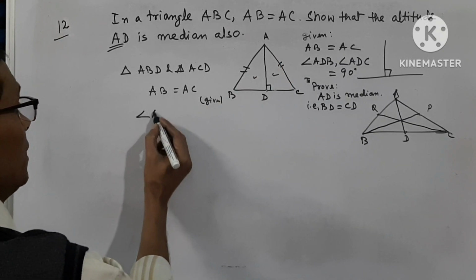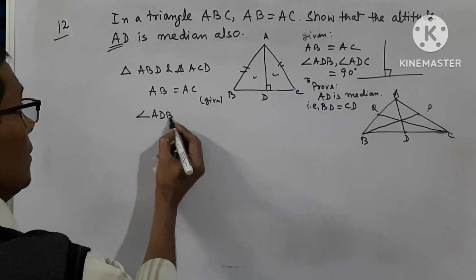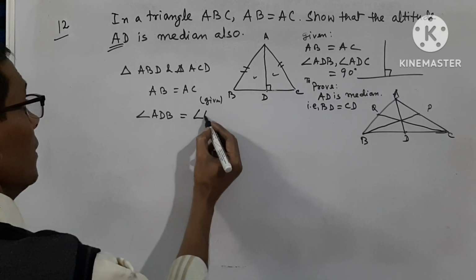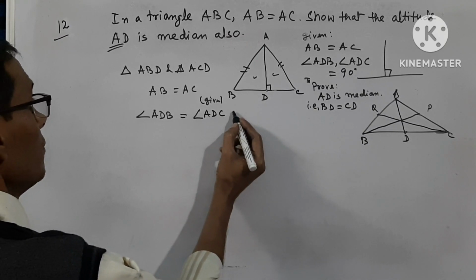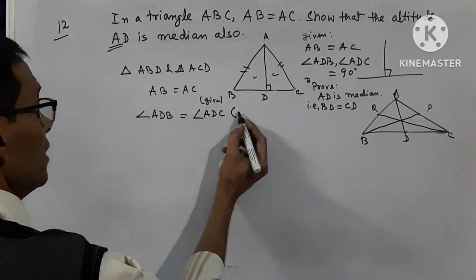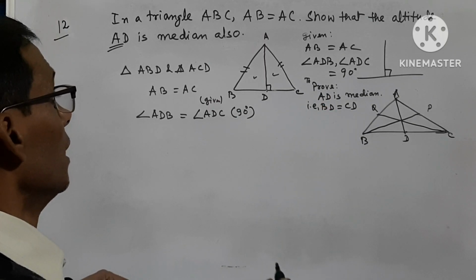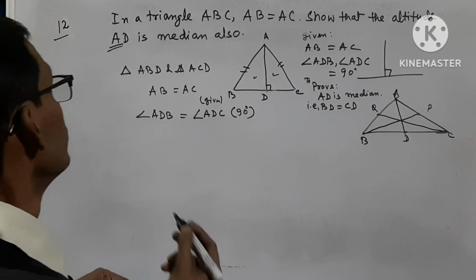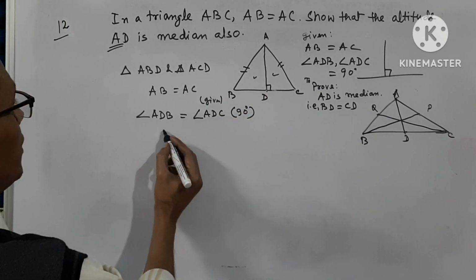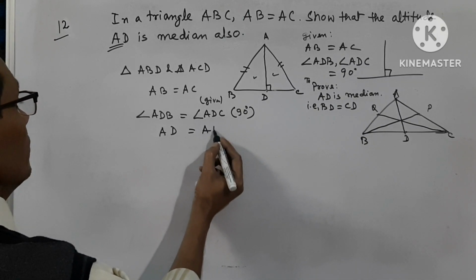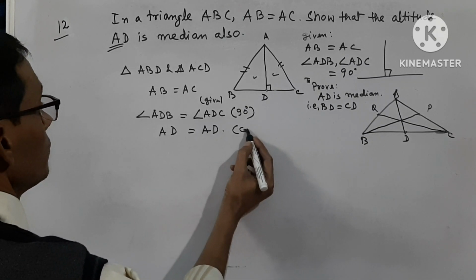Angle ADB equals angle ADC, 90 degree. This is also given, or you can write AD is altitude, and AD equals AD, common.